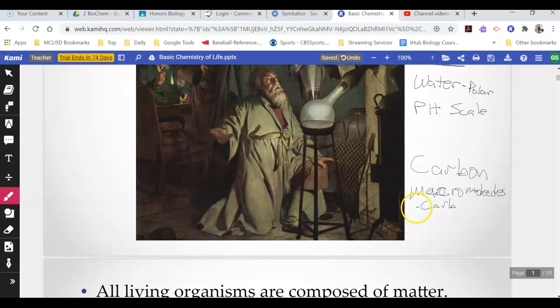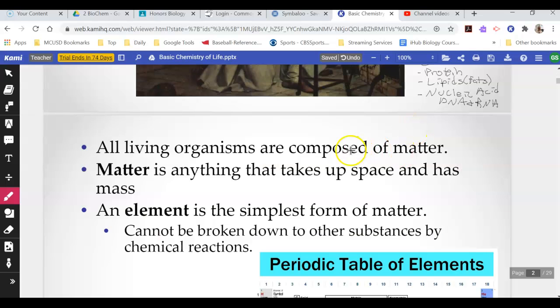So we're talking about things like carbohydrates, proteins, lipids, which really just means the type of fats we eat, and then the last one would be nucleic acids, and those would be your DNA and RNA.